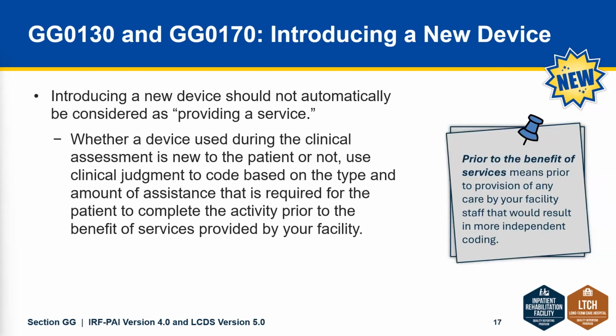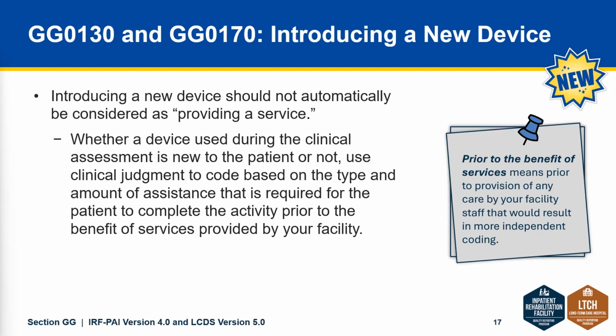At admission, the performance code should reflect the patient's baseline performance, which should be determined prior to the benefit of services. Prior to the benefit of services means prior to the provision of any care by your facility staff that would result in more independent coding. Introducing a new device should not automatically be considered as providing a service.